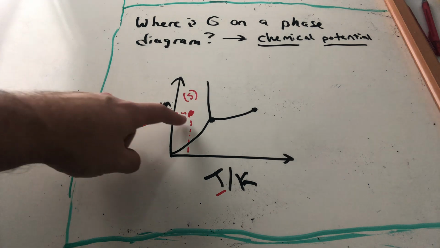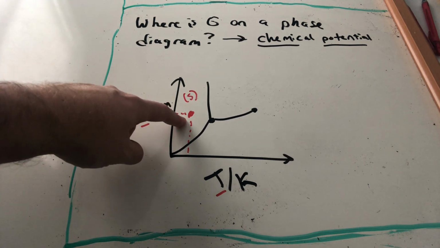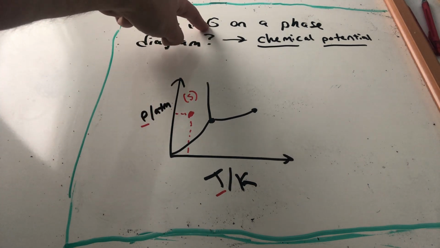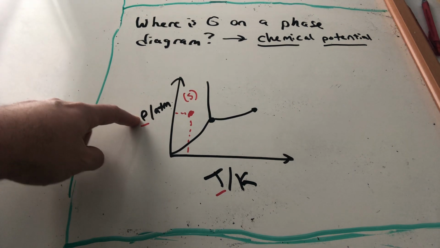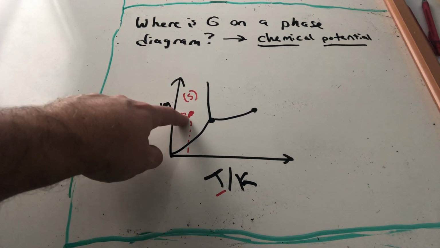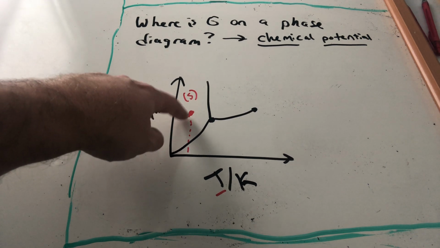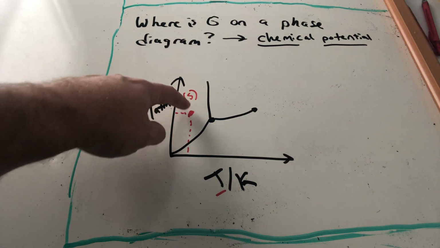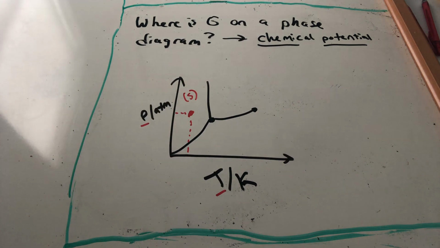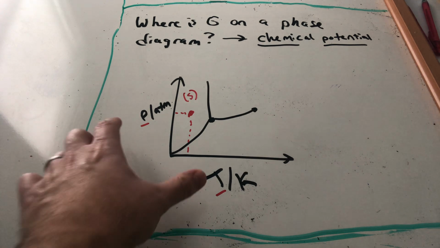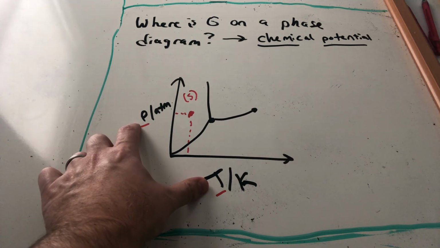So that means that somewhere along the way, because G maps onto the second law for isobaric isothermal situations, G information is dictating that the solid phase is favored here. So the G information is directing spontaneity again because we have the correct conditions for it to do so.